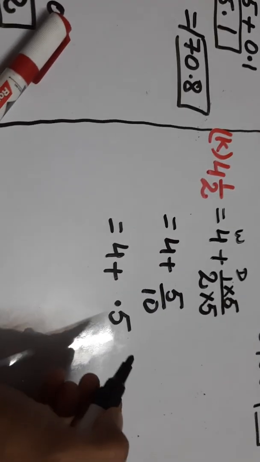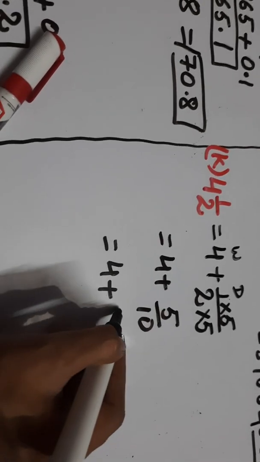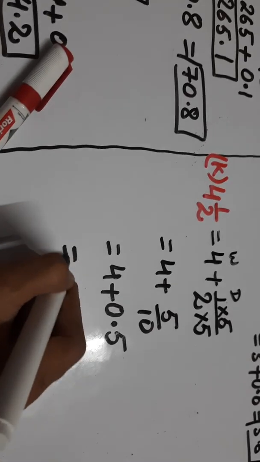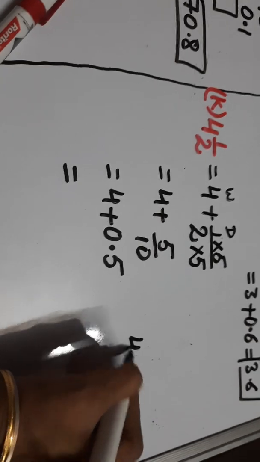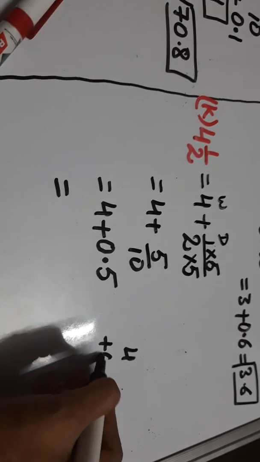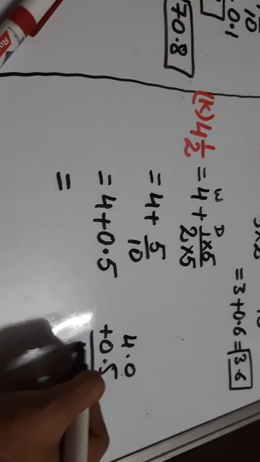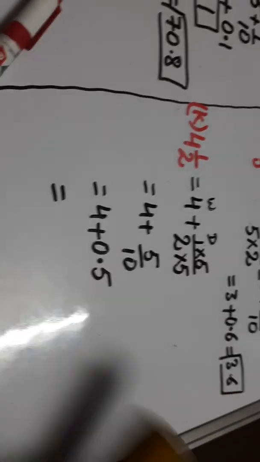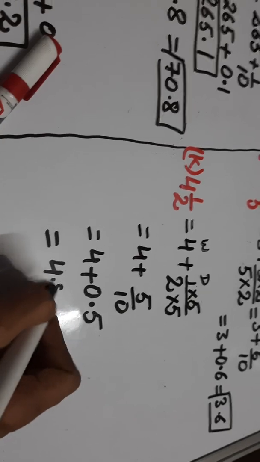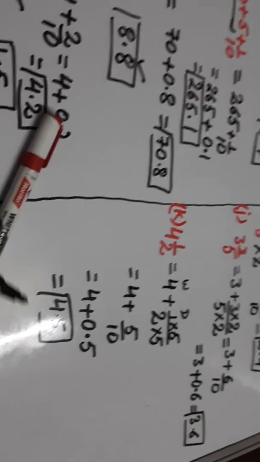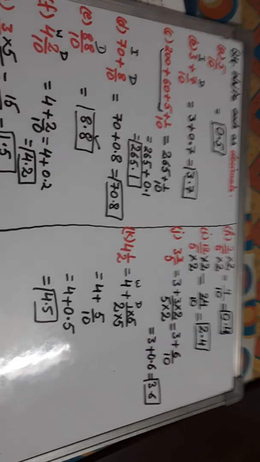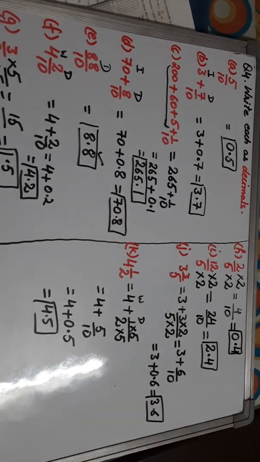Then we'll place the decimal and no other digit is there. We'll take 0. So 4.0 plus 0.5. So we'll add it. You know how to add. We'll get this 4.5 like this. So this is the answer. So my dear students, I hope the whole question is clear to you.